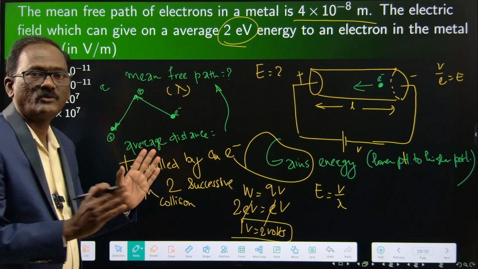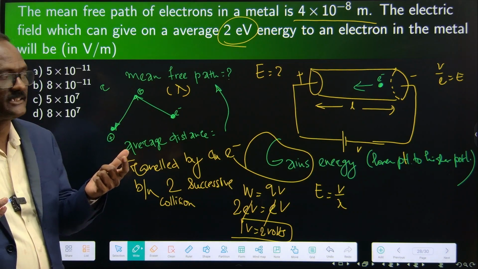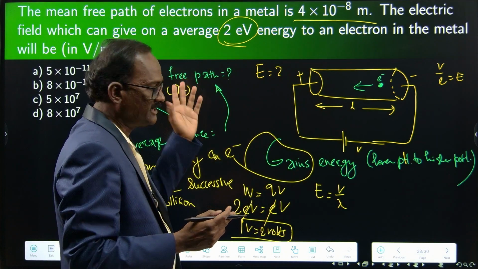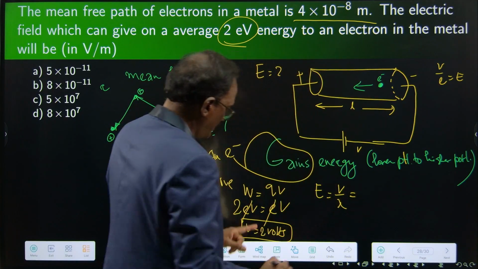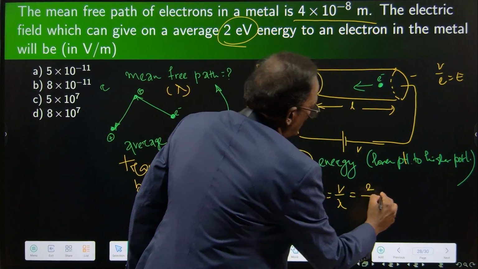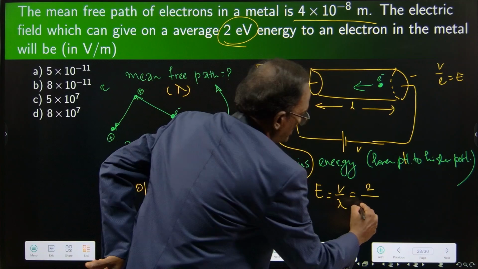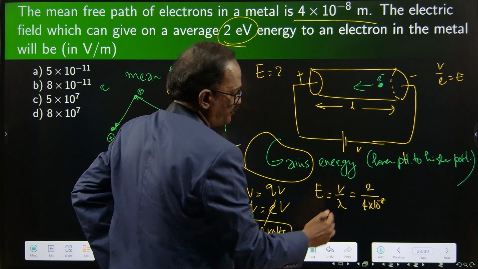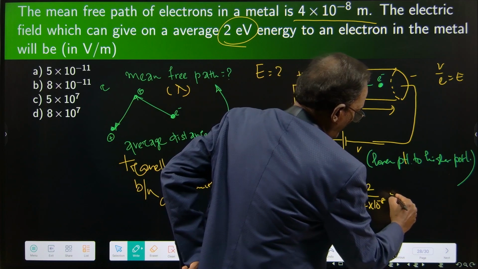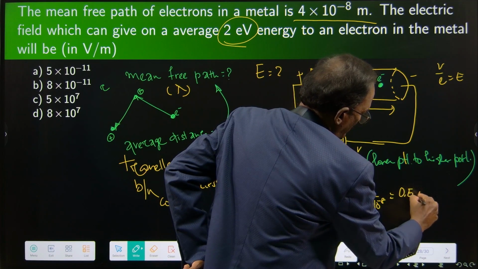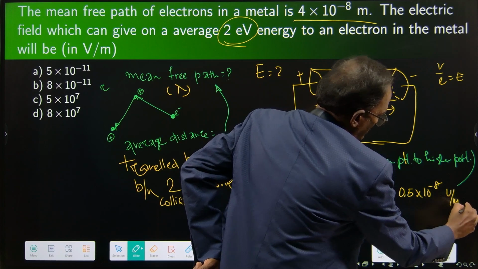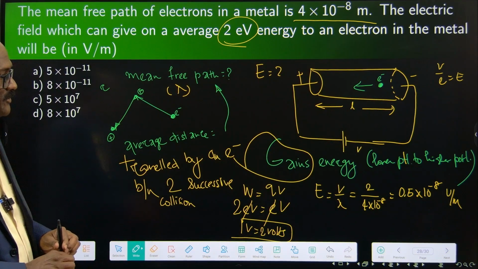Between these two collisions only, how much energy it is gaining, that is the question, right? You should not write L here. In fact, L value is not given. So V is equal to 2, lambda is equal to 4 into 10 to the power minus 8. This is 2 by 4, 1 by 2. So 0.5 into 10 to the power minus 8. That is the answer.